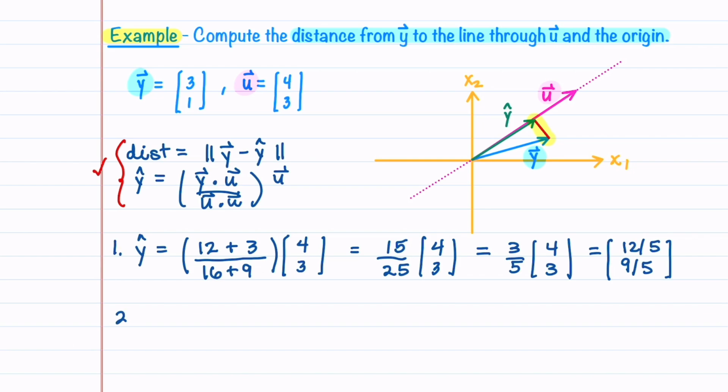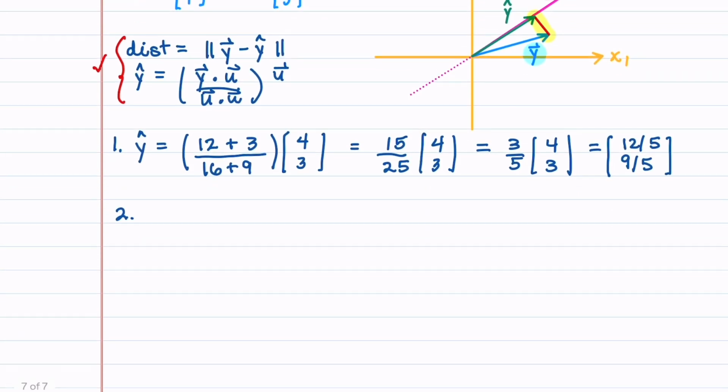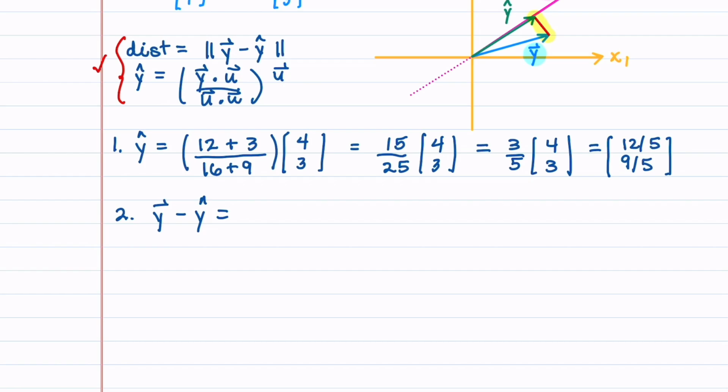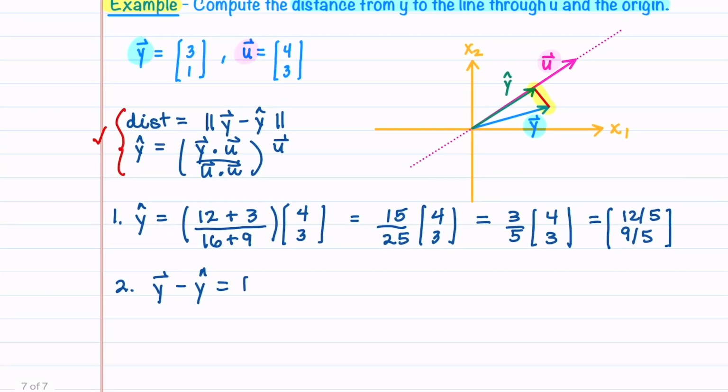Our second step, we'll give ourselves a little bit more room here, is going to be to compute y minus y hat. Our vector y is 3, 1, and then we're going to subtract the vector that we just computed, which was 12/5 and 9/5.